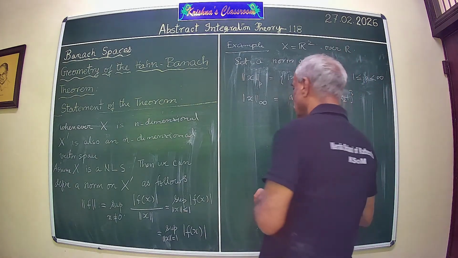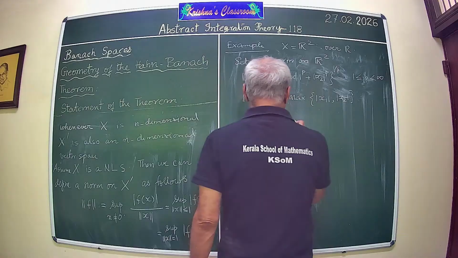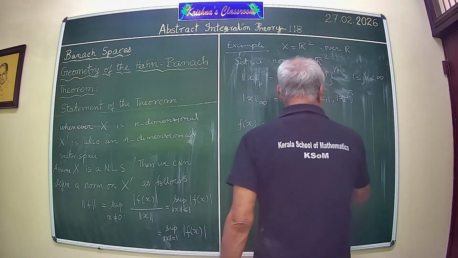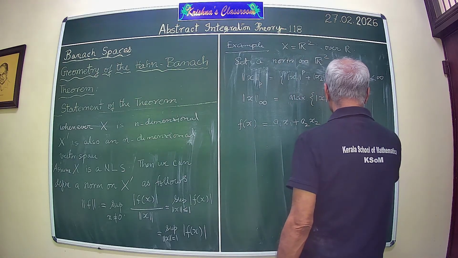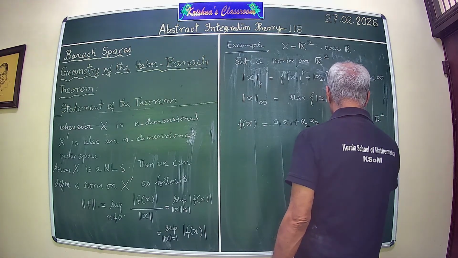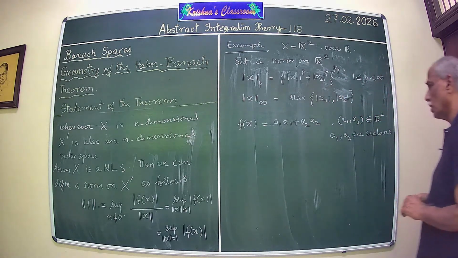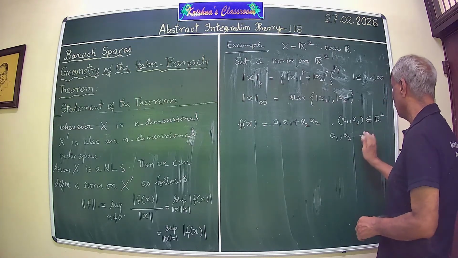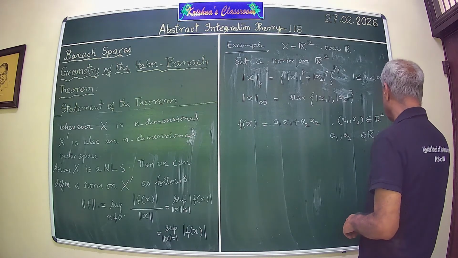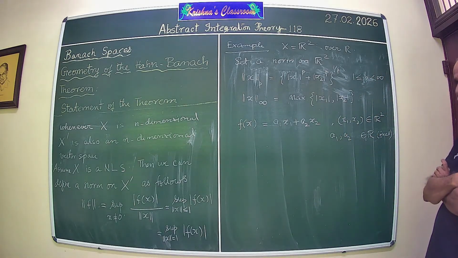And then you see that f of x is essentially equal to a1 x1 plus a2 x2 for x1 x2 belonging to R2 and a1 a2 scalars, real numbers. So we fix that, then f is fixed. Okay.